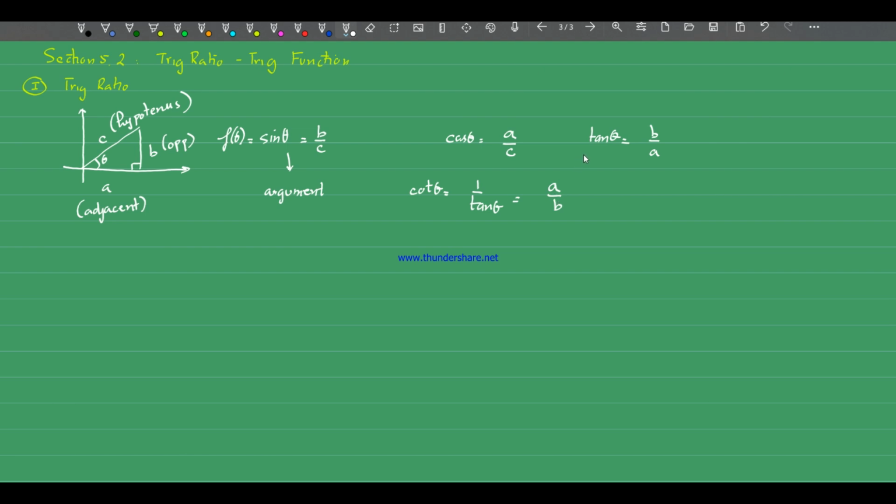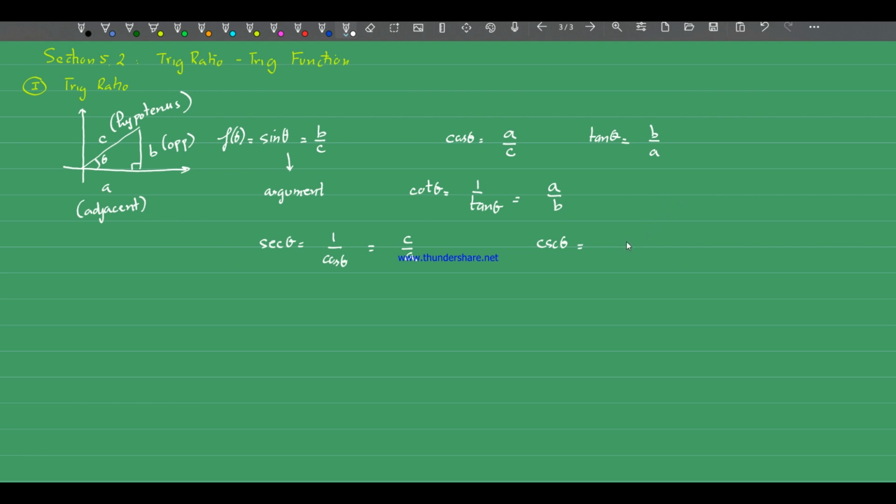Okay. And other than that, we have secant of theta, and secant of theta is 1 over cosine theta. So this is one of the identities, you're supposed to know it. So the reciprocal of this would be C over A. And cosecant of theta, see, I always put the theta because the theta argument is like a domain.